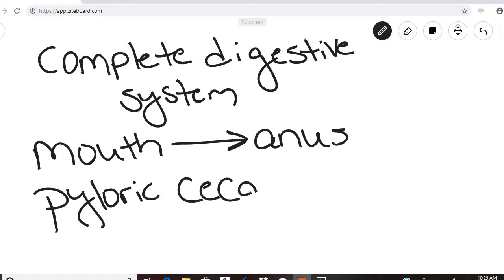What it does is that it secretes enzymes that help in the digestion of the food.